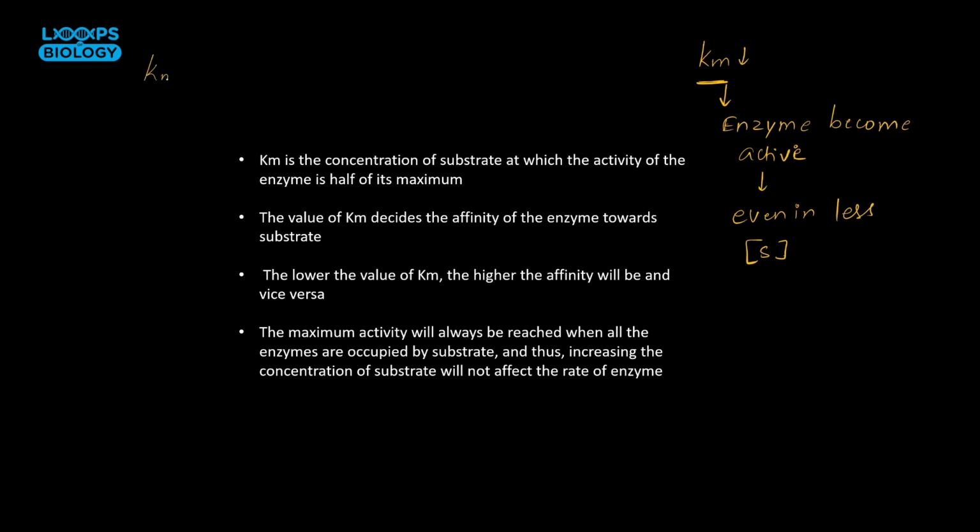So Km is inversely proportional to the affinity of the enzyme towards the substrate. Alright guys, so this is the relation between Km and affinity of the enzyme towards the substrate. The maximum activity will always be reached when all the enzymes are occupied by substrate. That I have already told you in the graph itself. Go through this particular part. If there is any doubt, please comment down in the comment box.